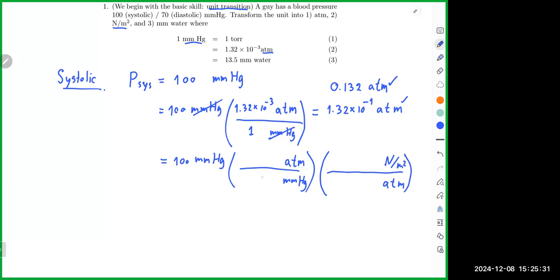You just put it in. And I know that one ATM is just 1.01 times 10 to the 5, something like this.